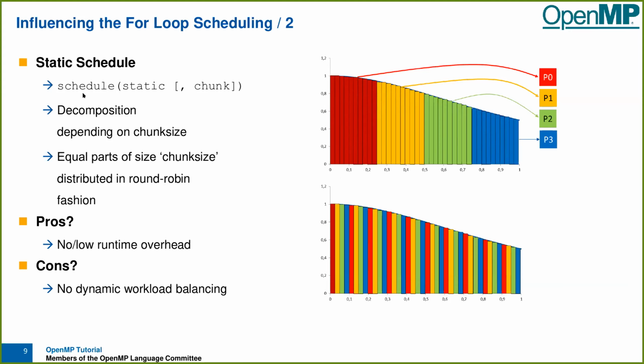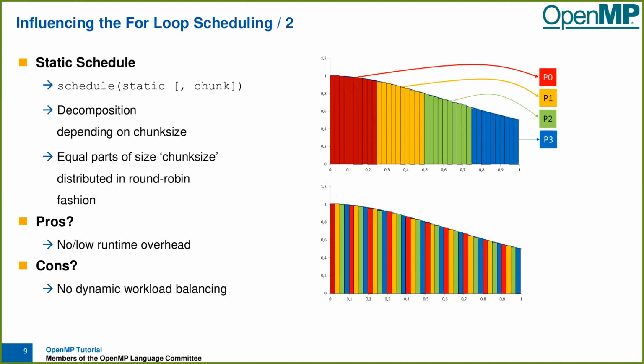We could go to a schedule static, 1, which is also what I explained. That means we have 1 iteration per chunk, and then we have a round-robin distribution. This helps a little bit to address a load imbalance, but it often does not work well on cache-based systems, which is what we have at the moment.